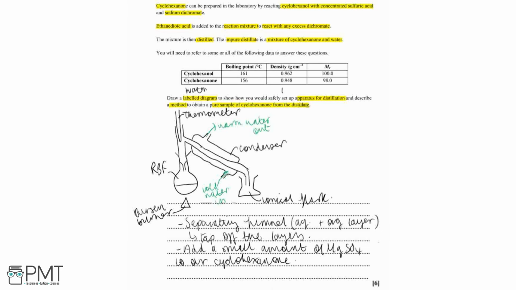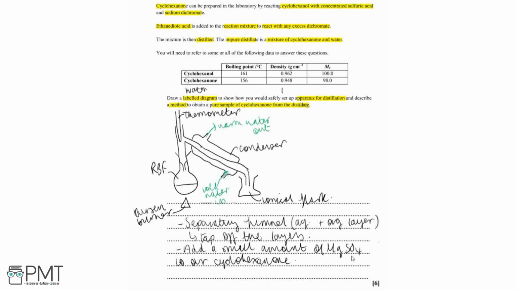The magnesium sulfate acts as a drying agent. So this will absorb any little bits of water which have been left in that layer, because often when you're tapping off the layers, we could leave behind a small amount of that water in the organic layer. So this magnesium sulfate is just going to mop up any excess water there to make sure that we've gotten rid of all of that water.